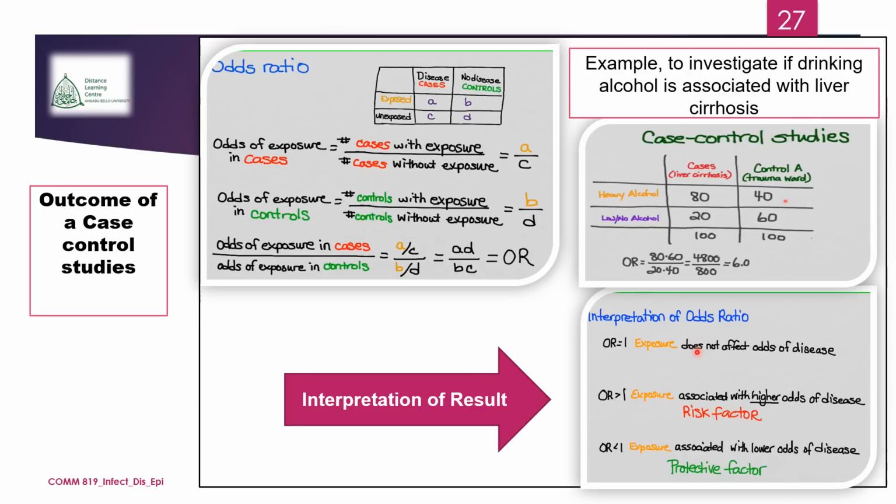You can put it this way: the odds or risk of developing liver cirrhosis is 6 times higher in heavy alcohol drinkers than in low drinkers. That's just the interpretation. Hope you understand. It's simple.